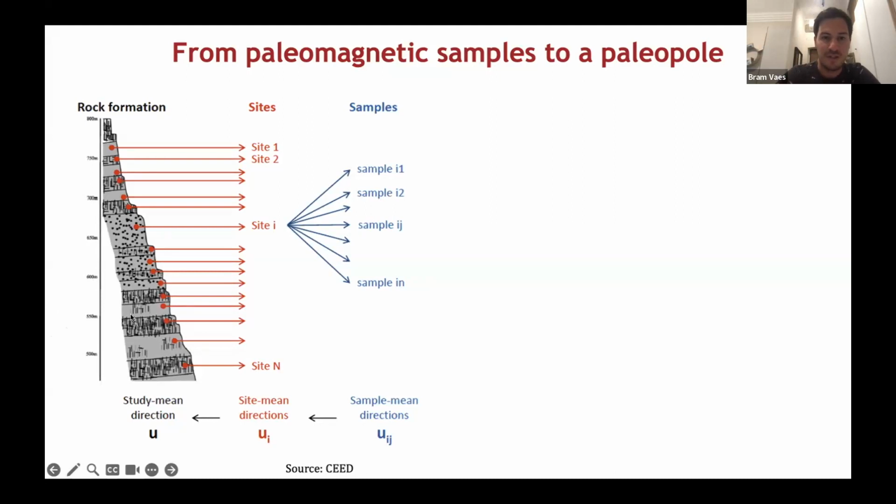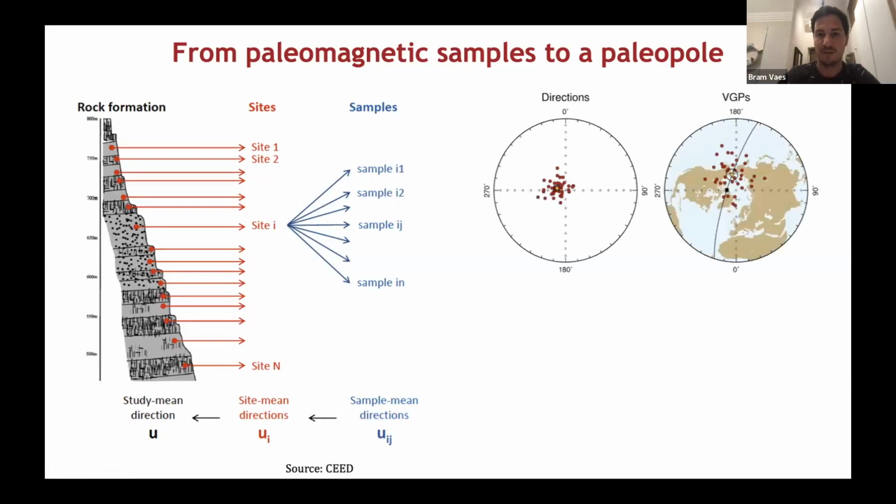You can see that there is a kind of hierarchical structure in the sampling, and this is where the data of paleomagnetism becomes a bit more complex.